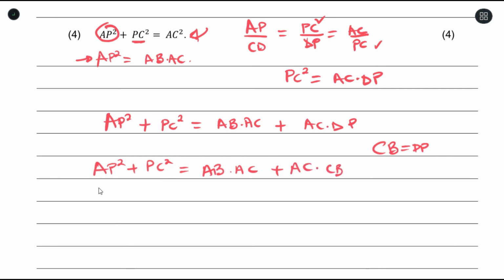We also notice we can bring out a common factor on the right hand side. AC is common on both, so this is AB plus CB.